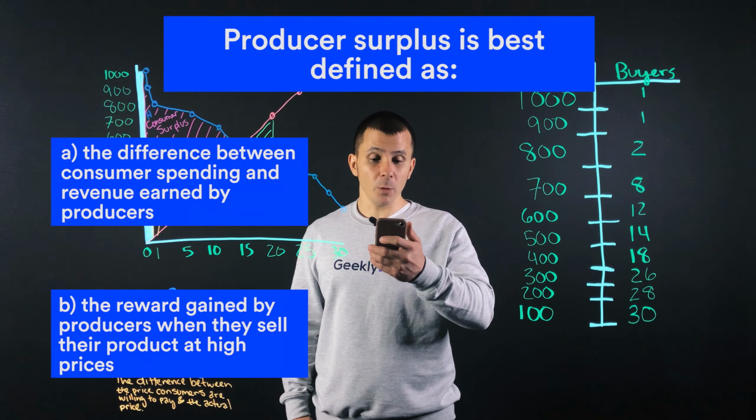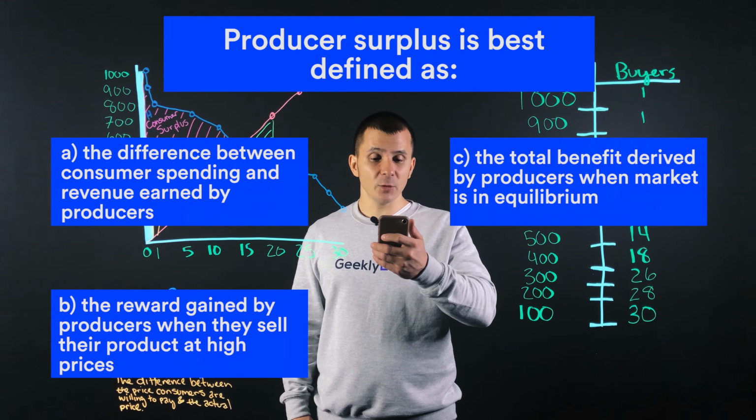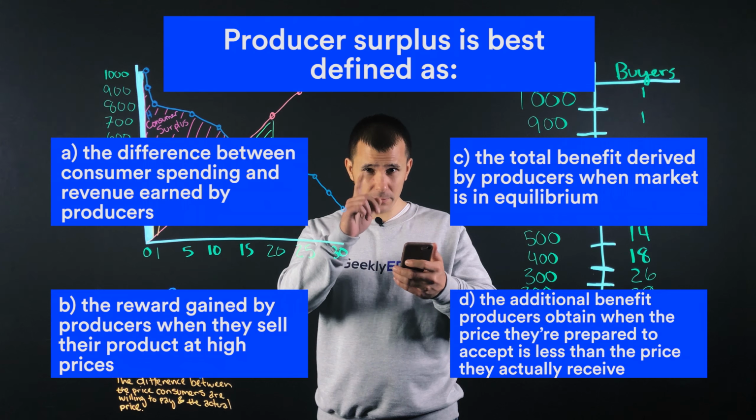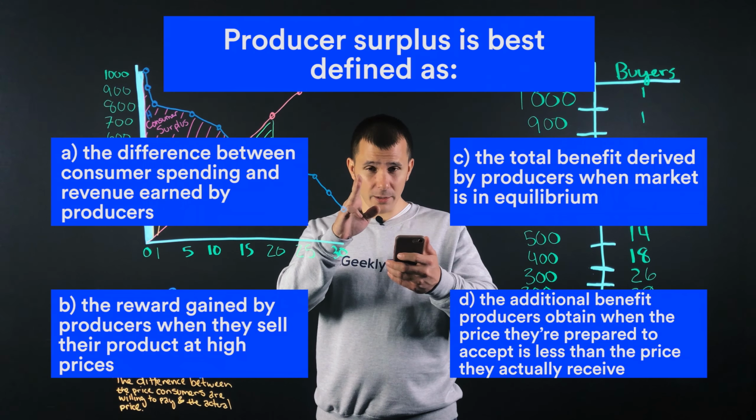B, the reward gained by producers when they sell their products at high prices. C, the total benefit derived by producers when the market is in equilibrium. Or D, the additional benefit producers obtain when the price they are prepared to accept is less than the price they actually receive. All right, 3, 2, 1, pause the video.